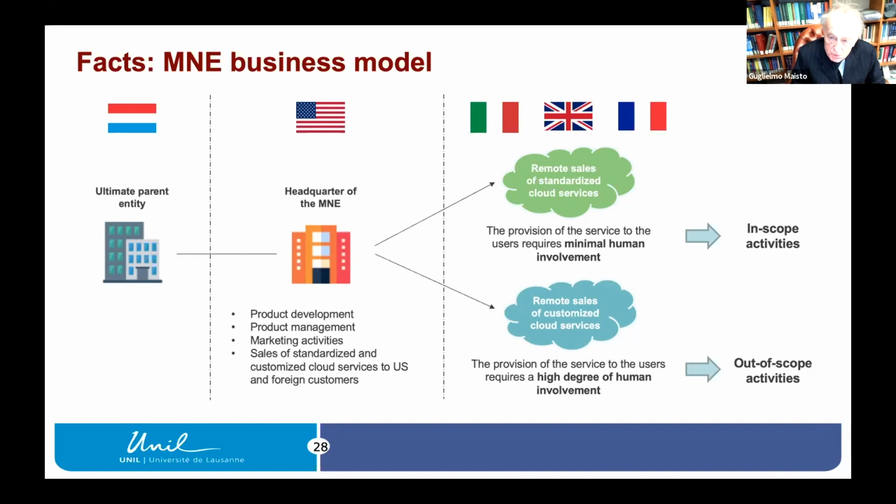One is in scope, which is remote sales of standardized services, and the other is out of scope services. So we have precisely the situation where a segmentation is required. We have some numbers also, just to make an example, so we can turn to the next slide.